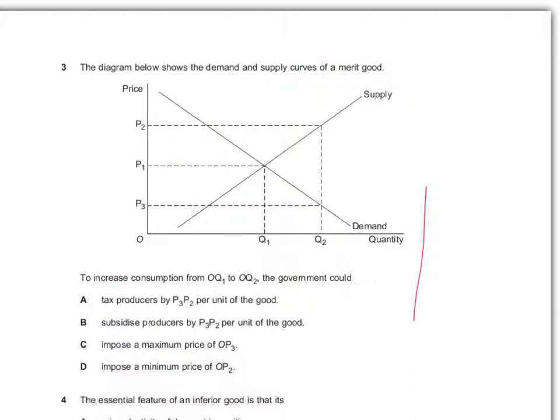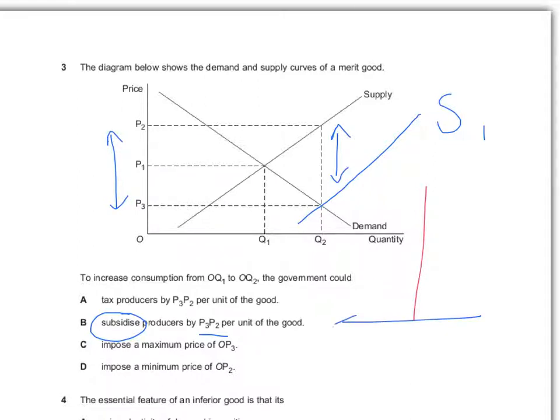So the only policy that can take us there is a government subsidy, and a government subsidy effectively shifts supply to the right, and the level of the subsidy is this vertical distance, which is P3, P2. So the answer is B.